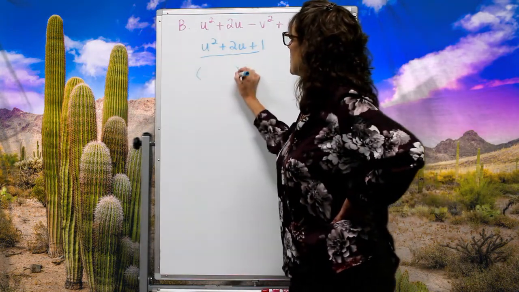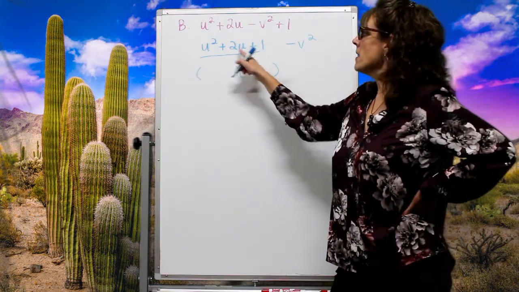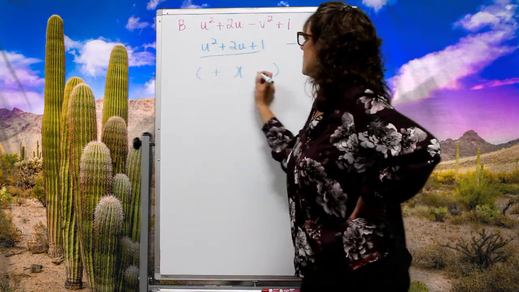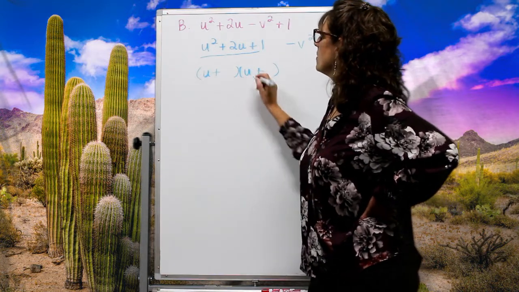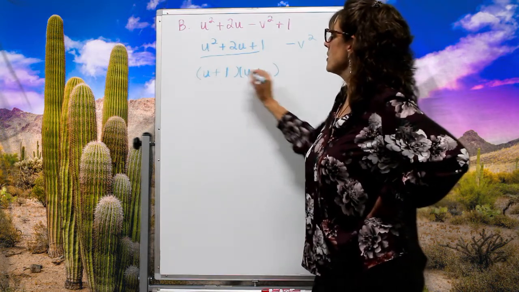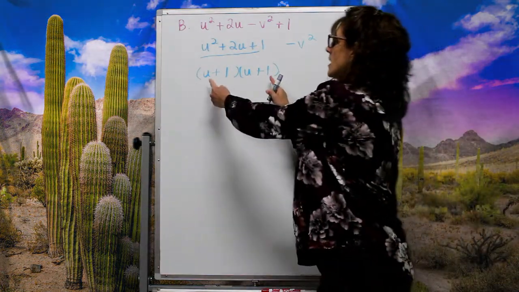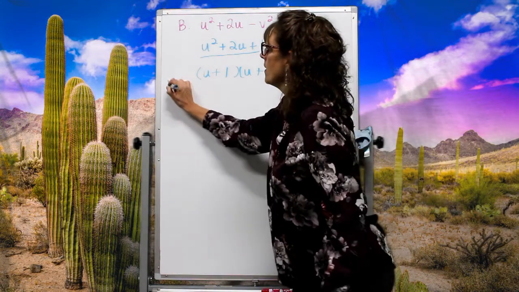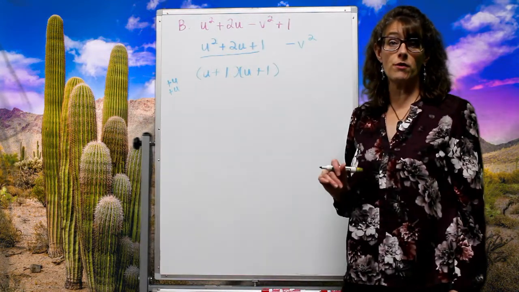So I'm going to set up my double parentheses. This back sign tells me they're the same. This means both pluses. Now I'm going to split this up into the front slots as a u and a u. Split this up as the back slots. There's only one way to split up a 1. And notice when I check my outsides and insides, I get a 1u and another 1u. So u plus u will give me my 2u. This is the correct way to factor it.